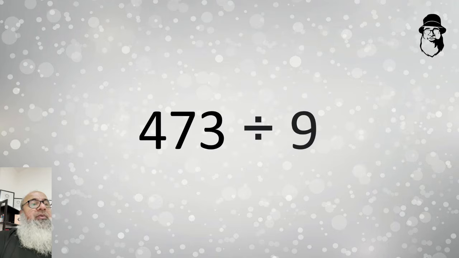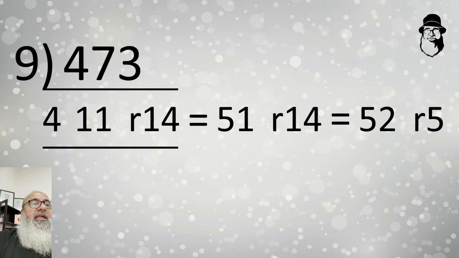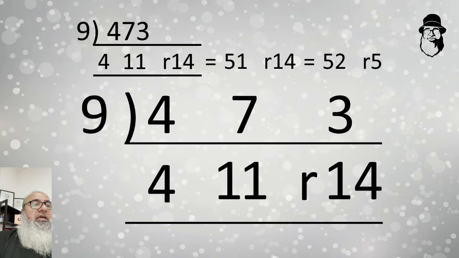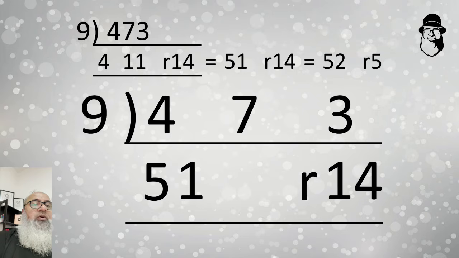Let's say we want 473 divided by 9. By the normal method that we have learned before, we get this. Here we find that we get an 11 and a 14. The 1 in the 11 must be carried over to the 4, giving 51 remainder 14.